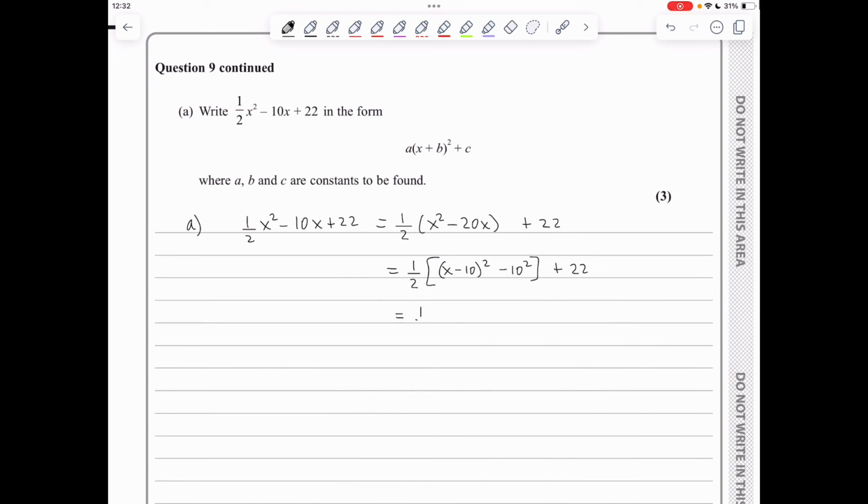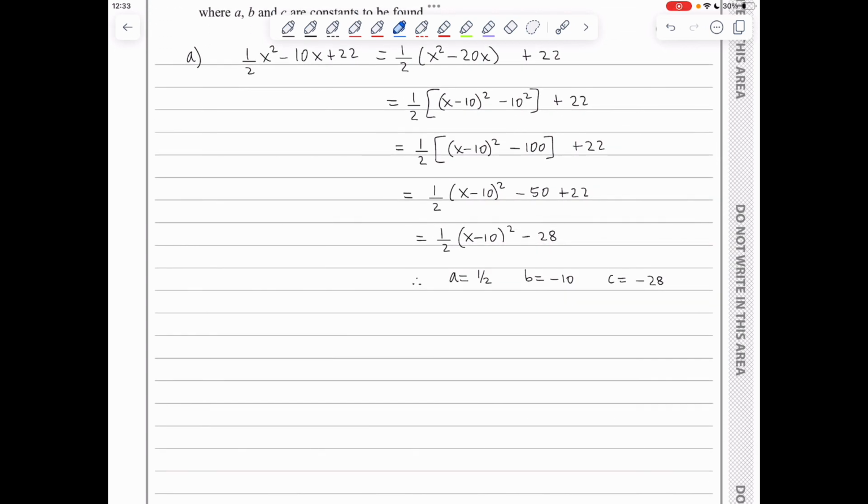This leads to a half x minus 10 squared minus 100 and the plus 22, which can be further expanded into a half times x minus 10 squared minus 50 plus 22, which leads to a half times x minus 10 squared minus 28. So we can see that a is a half, b is negative 10, and c is negative 28.